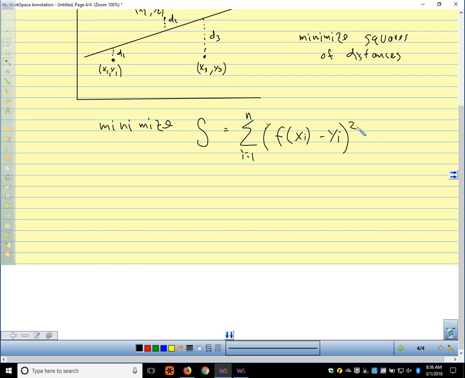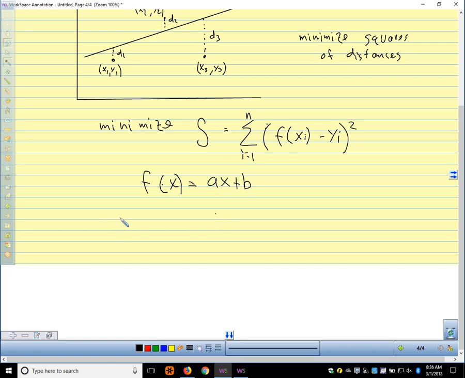So we're minimizing the sum of those squares of the distances, those vertical distances. And f of x, we want f of x to be a line, equals ax plus b for some a and b.